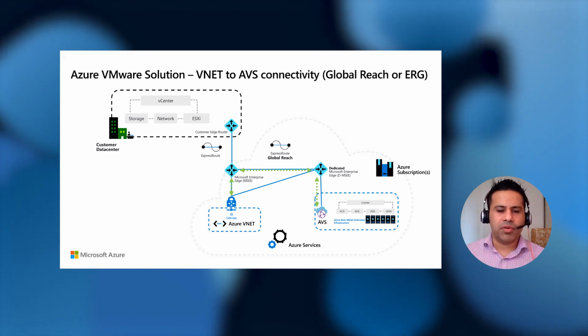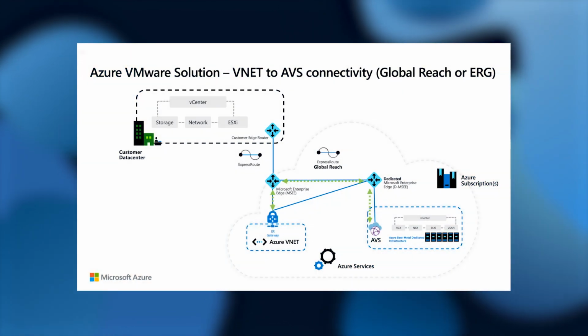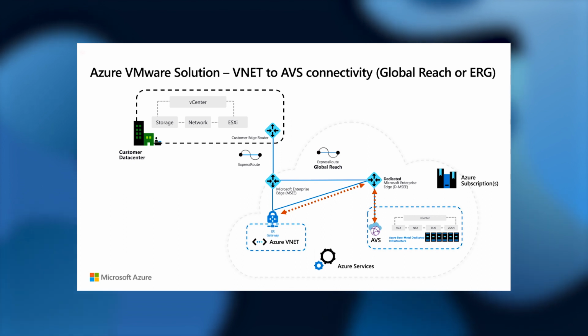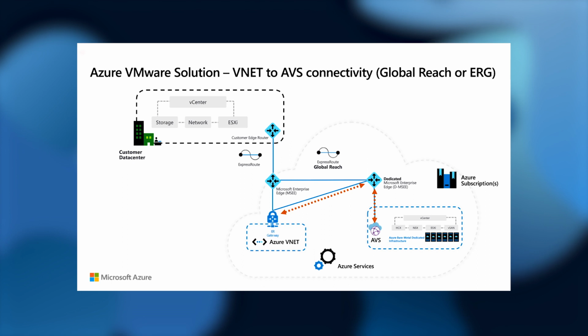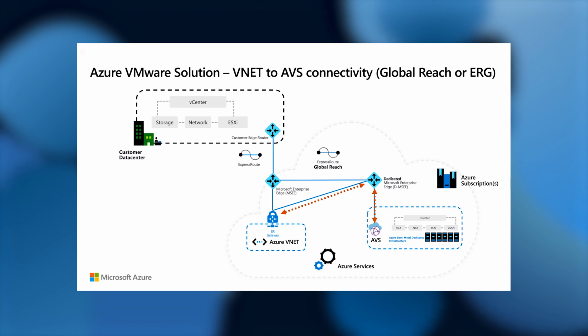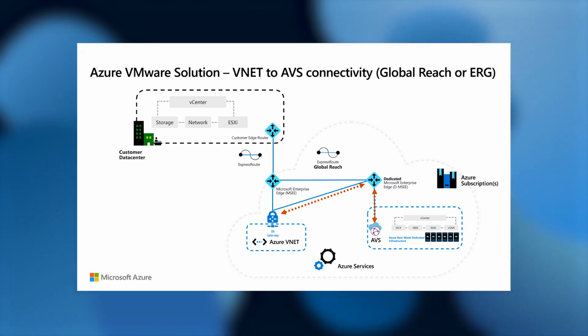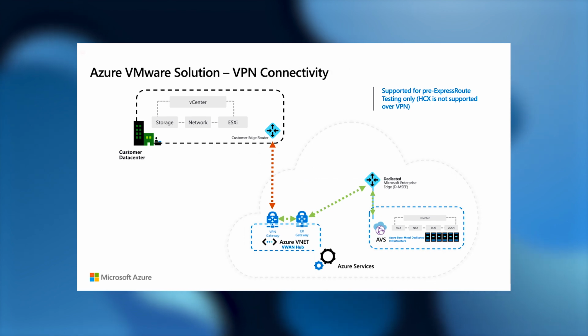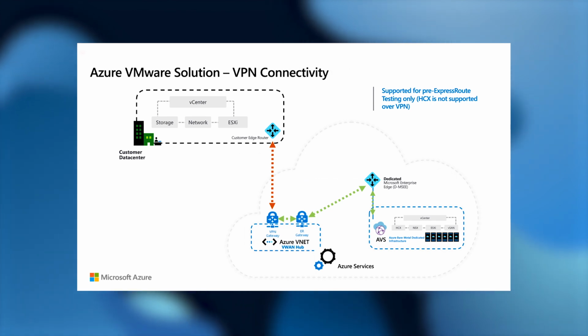If you're looking for performance, you could simply spin up an ER gateway, which is a virtual network gateway of type ER, and consume the ExpressRoute circuit that we pre-provisioned for you, so that you have direct connectivity to AVS workloads. Because these two workloads, Azure native workloads and AVS workloads, are sitting right next to each other in the Azure data center.